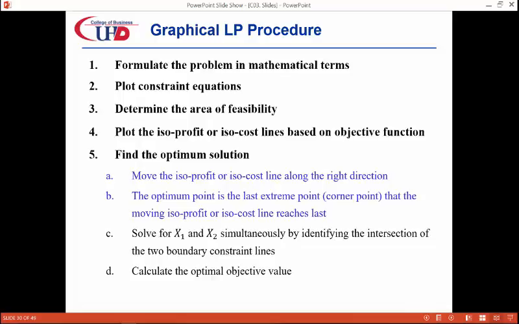The final touch to the visible region typically happens at a corner point. So based on such a corner point, which must be an intersection of two constraint lines, we can solve the equations to figure out x1 and x2 and the resulting objective value. Those are the final optimal solution of the linear programming problem.